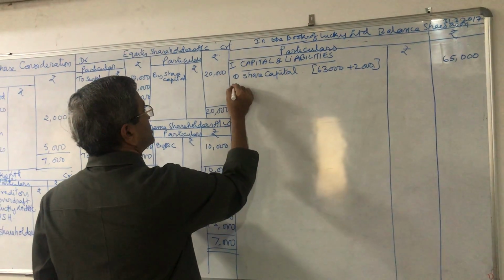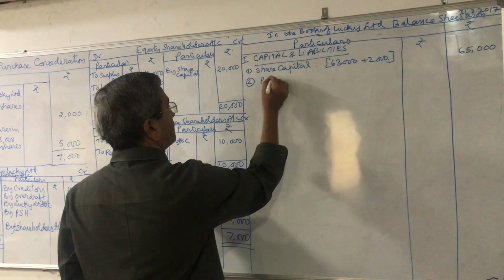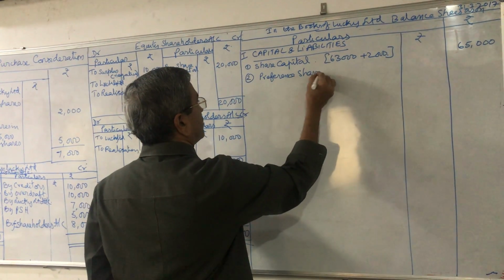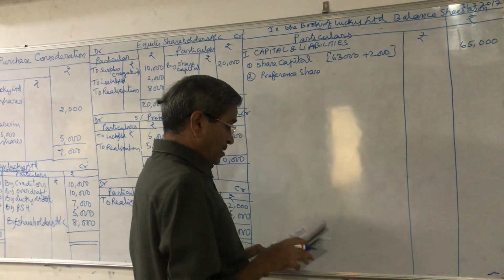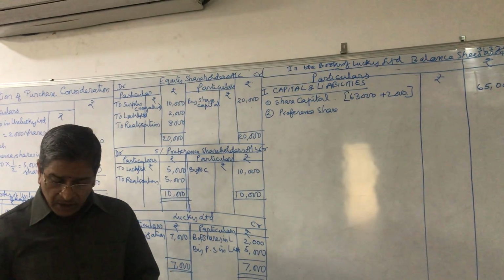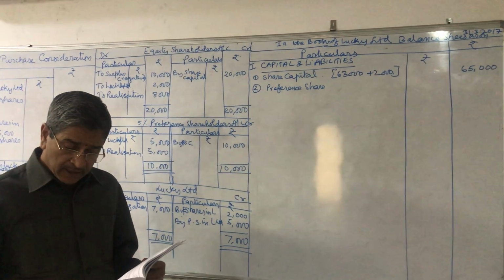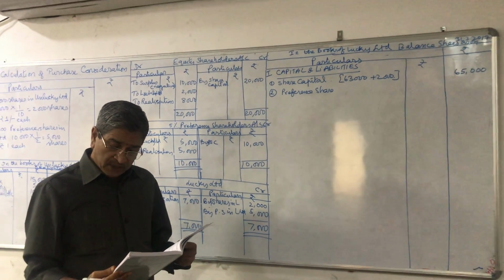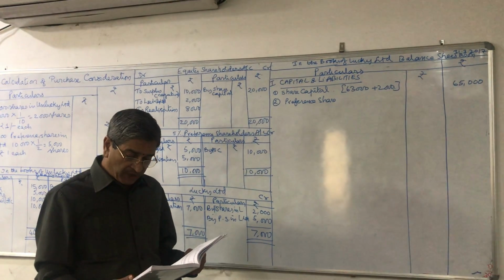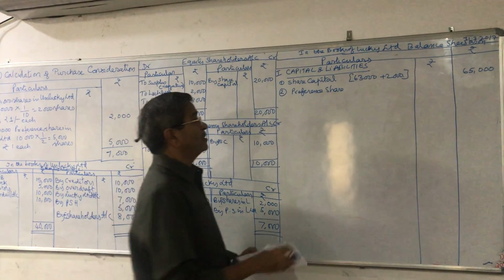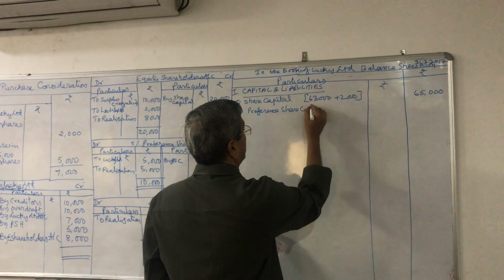Then second item is preference share capital. When it comes to preference share capital, you are not issuing any preference shares, are you? Yes. And the preference shareholders, 5% preference shares of 1 rupee each in Lucky Limited for every 2 shares. You are issuing preference shares also. So preference share capital.